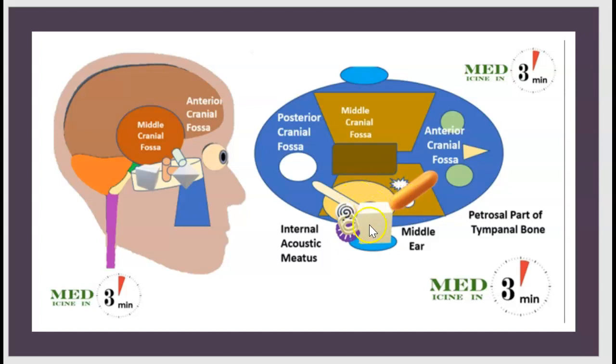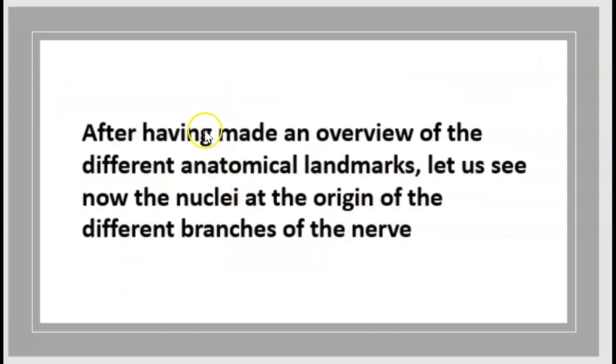The middle ear, of course, and the inner ear with the vestibule and cochlea. After having made an overview of the different anatomical landmarks, let us see now the nuclei at the origin of different branches of the nerve.